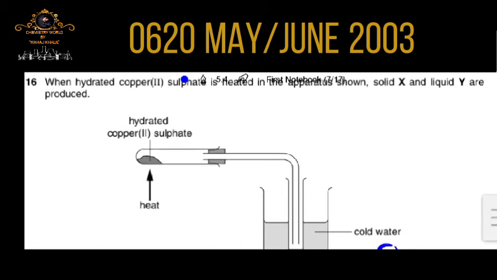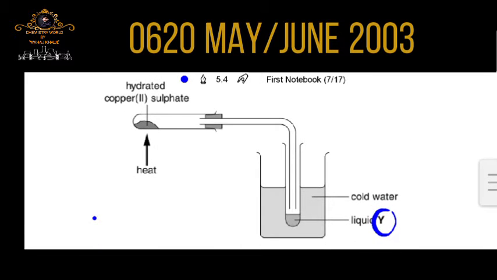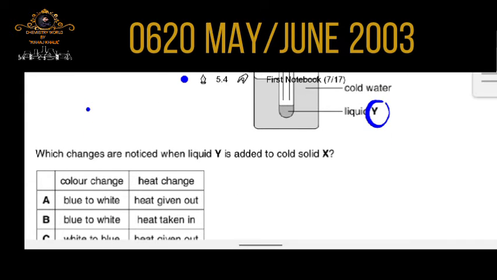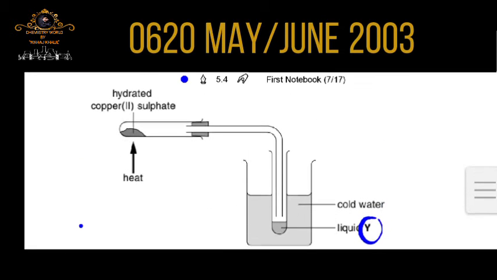So the substance is copper sulfate and a cold solid X when a liquid Y is added. If copper sulfate is hydrated, it is blue.